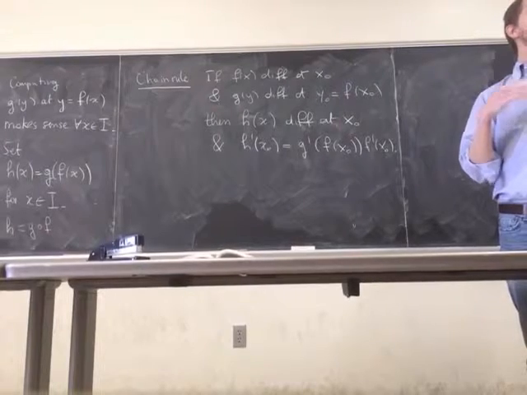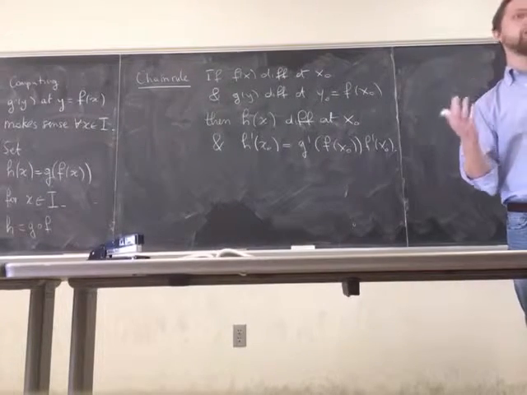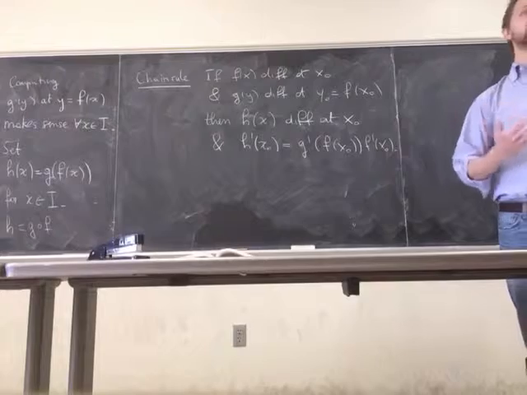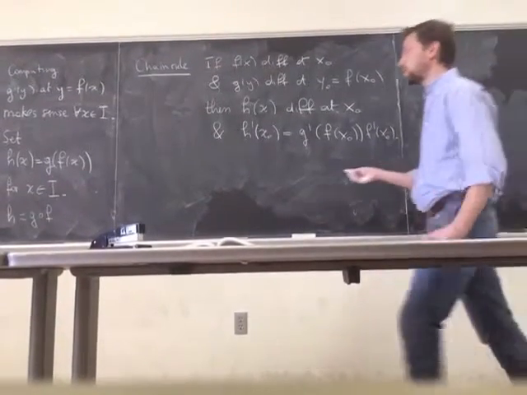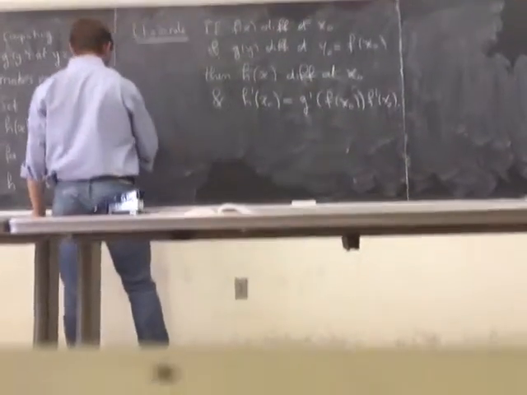Because there is somehow an easy proof of the chain rule, which is wrong. Well, it's not so easy to justify. So, what is the easy proof? And then what is the real proof?